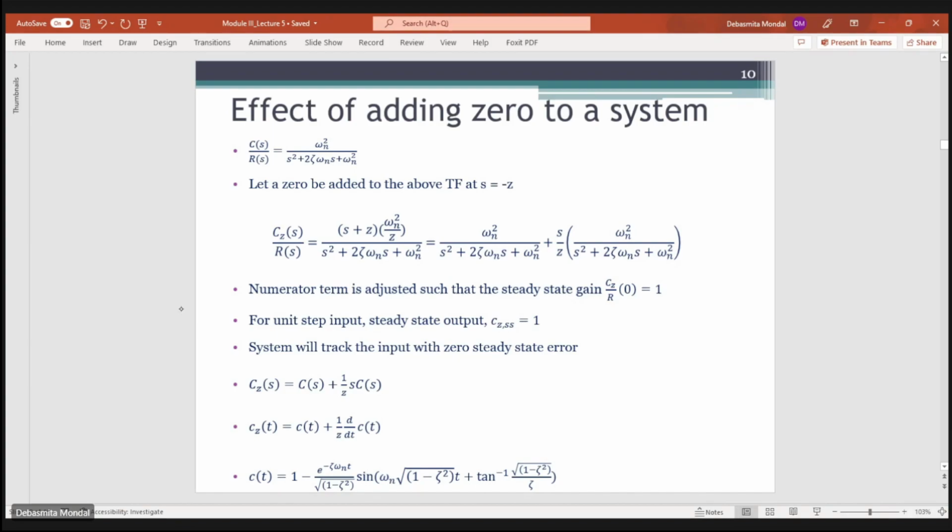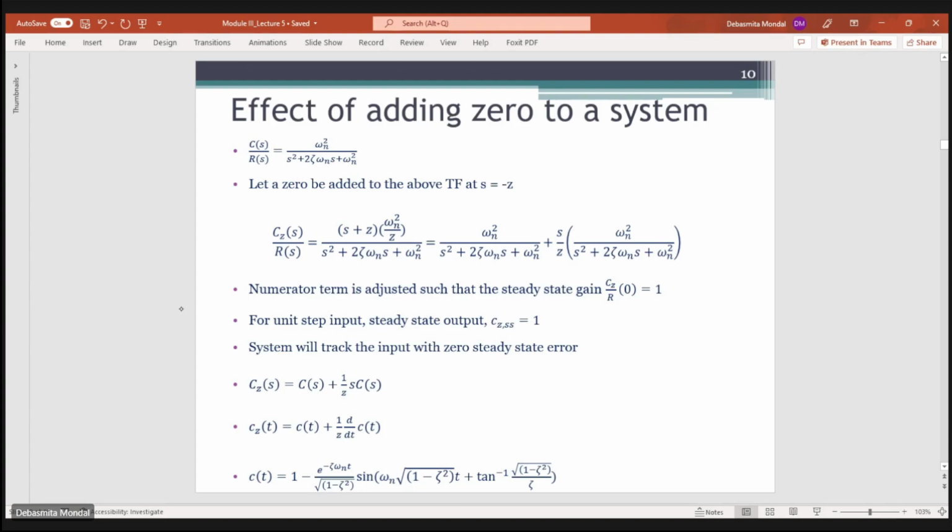Now let's say we add a zero at s equals minus z. That means the numerator will have an s plus z term, and we modify the gain of the numerator in such a way that the steady state gain for both systems remains the same.